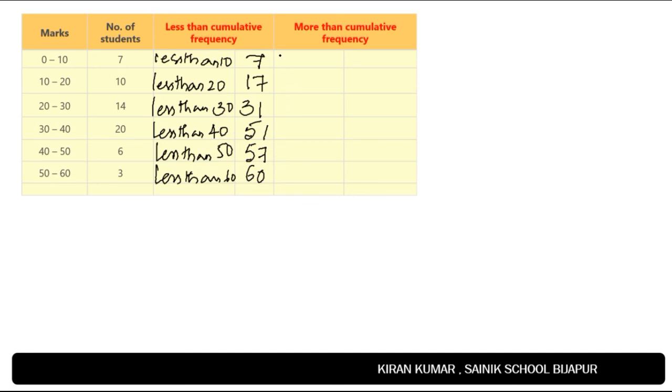We also require the more than type ogive. For that, I have to consider more than 0. How many are there? So total all the students, so it is 60. More than 10, how many are there? 7 has to be removed from the total to get more than 10, that is 53.